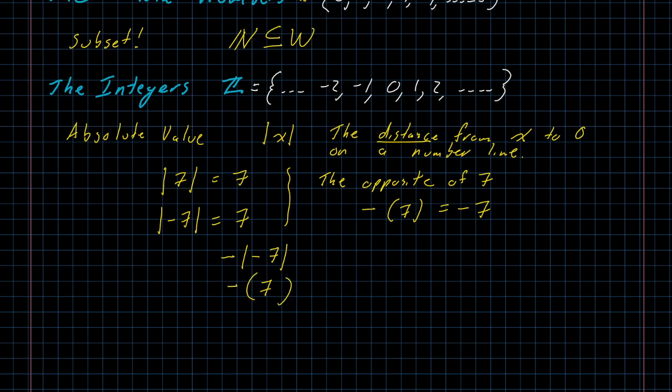We have to take 2 steps in this process. So the opposite of the absolute value of -7 is -7. Right? The absolute value is not the reason that this comes out negative. The absolute value is one step in a multi-step expression in this case.